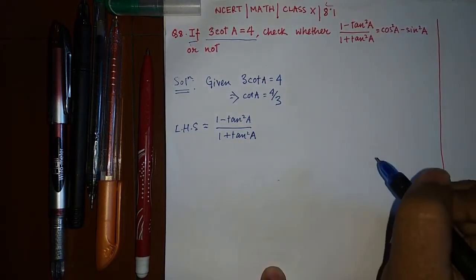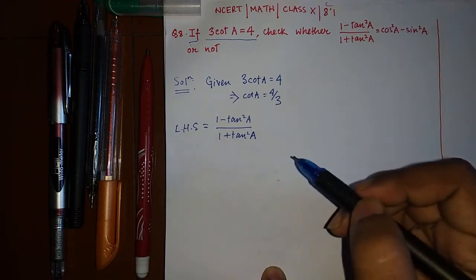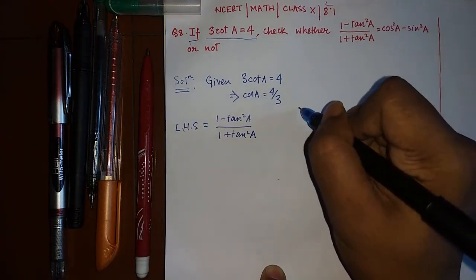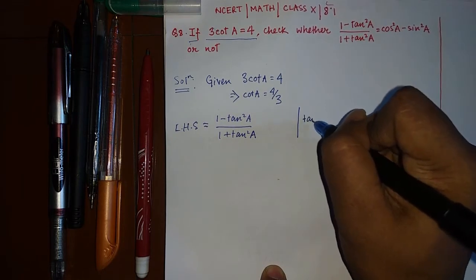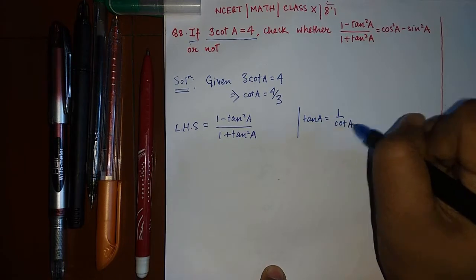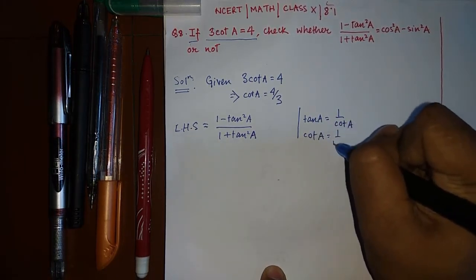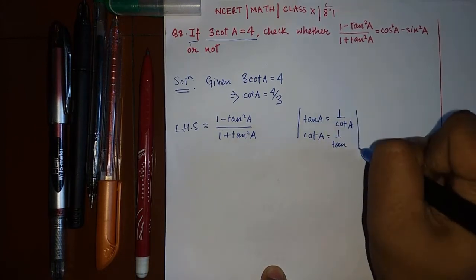Now you already know that tan A is the reciprocal of cot A and vice versa. Let me show you. tan A is the reciprocal of cot A and cot A is the reciprocal of tan A. You need to remember this. Okay?